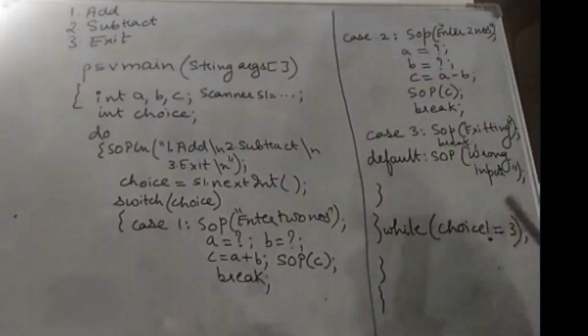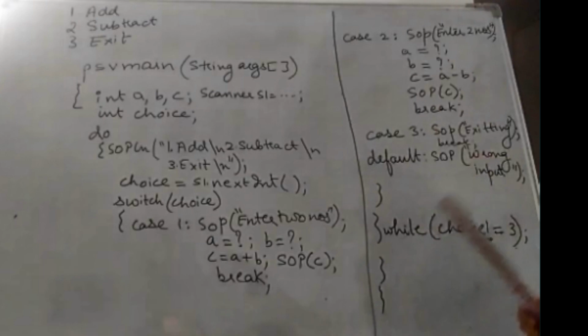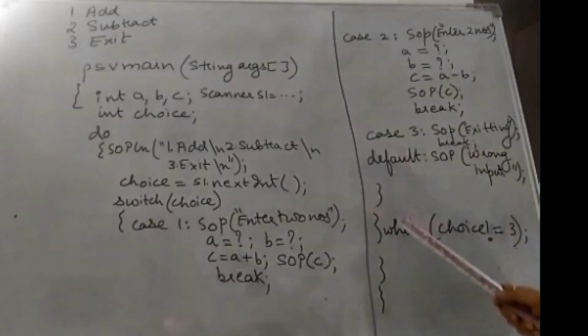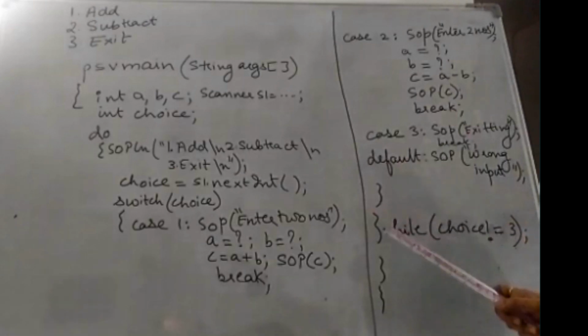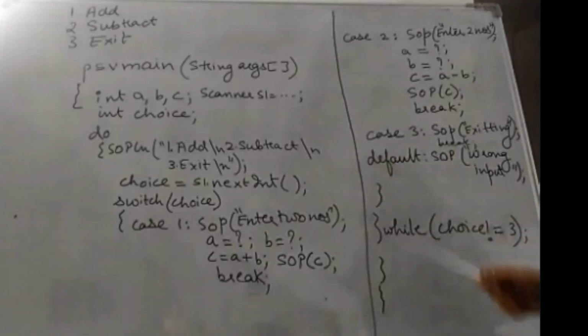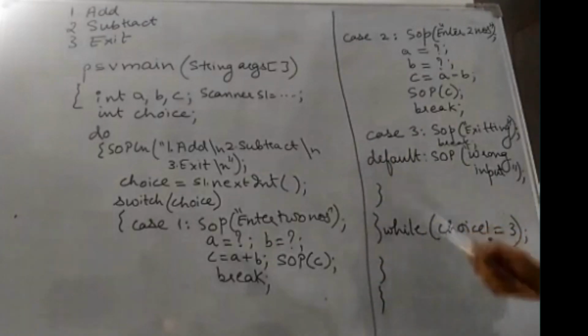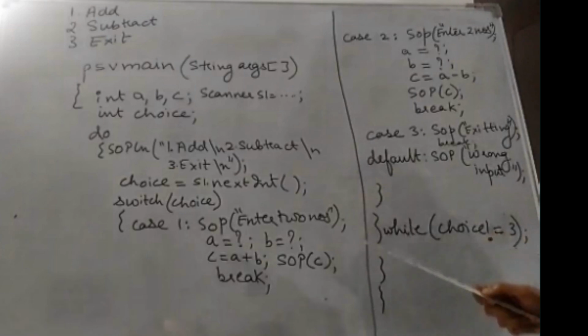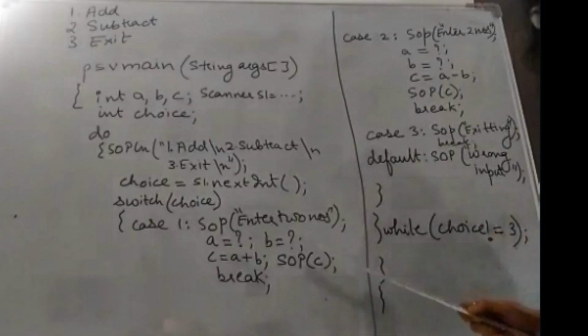So the condition becomes false, and you come out of the loop and out of the program. So these are the situations where menu-driven programs are best suited for do-while loops. Or the other way around, maybe I should say do-while loops are best suited for menu-driven programs.